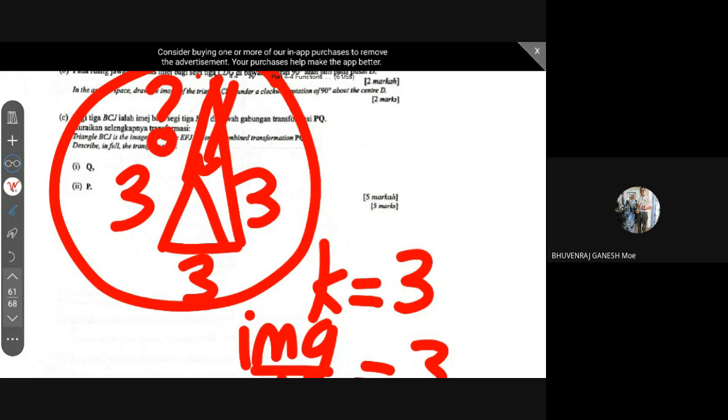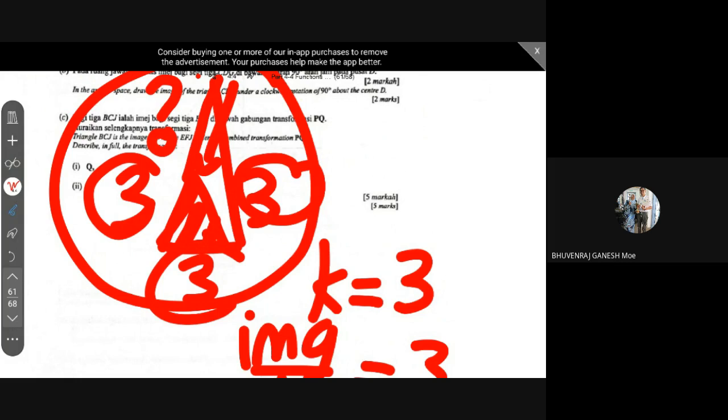This one, just take directly 3. This is your object over here, this small triangle. The whole thing is the image. This is the object, the one I originally drew. Remember, always the thing you draw first is the object. From there only you can get the image. Object to image, that's how it goes. Can you understand? The original length is this 3 over here, all parts.